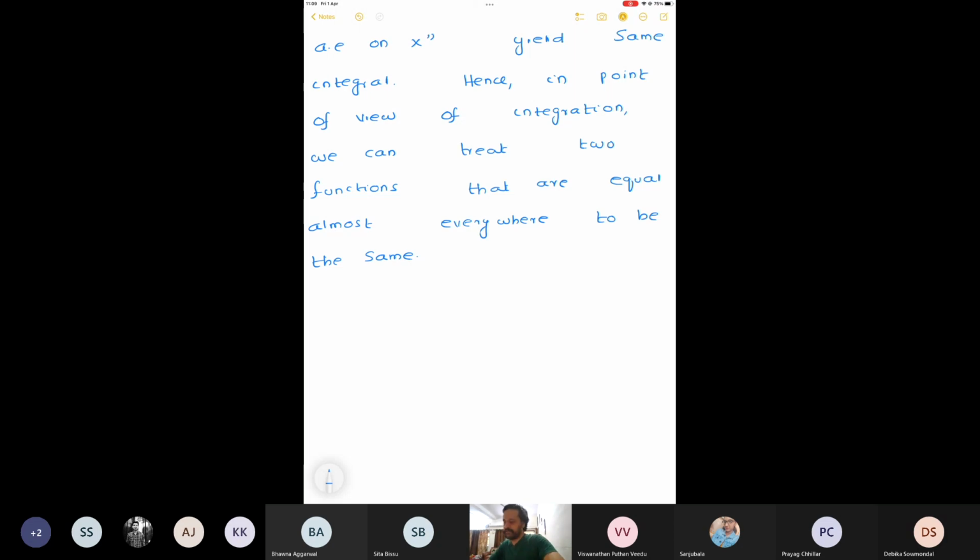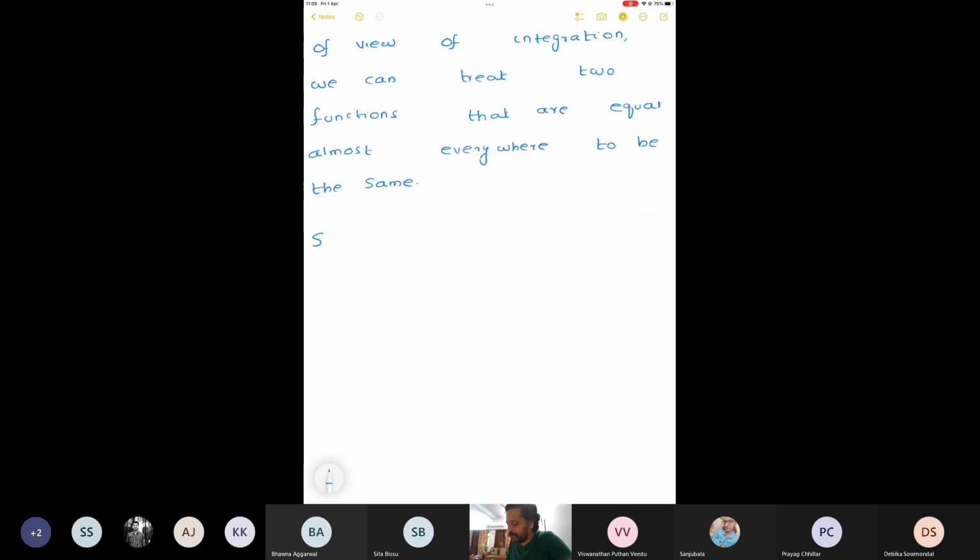In other words, suppose f and g are two functions defined on the measure space X that is given to you, real or complex.